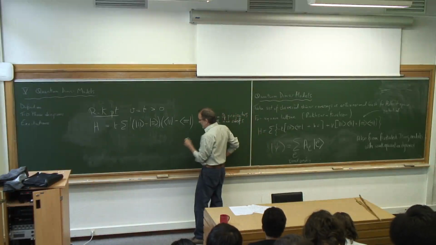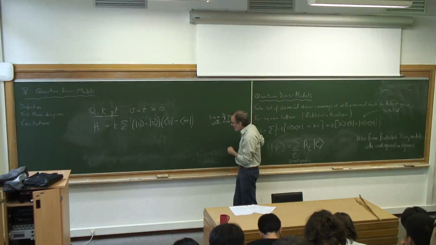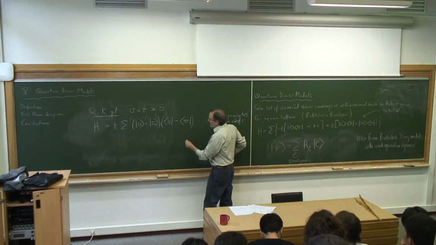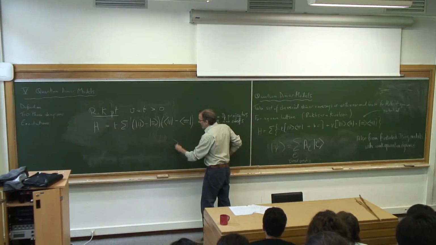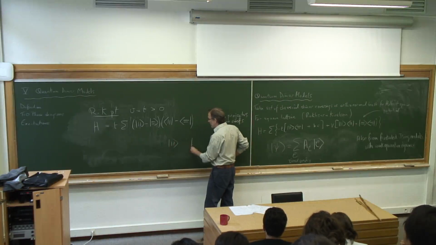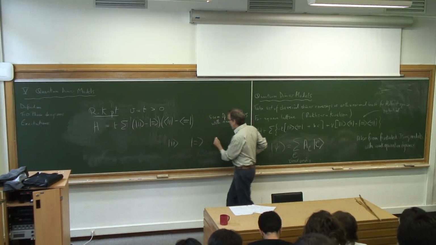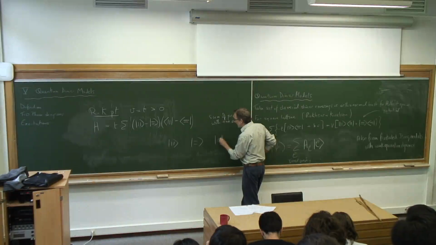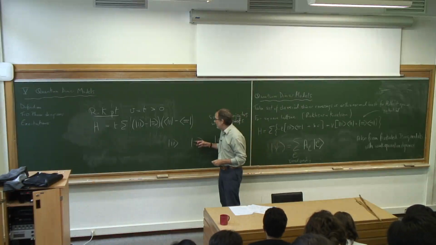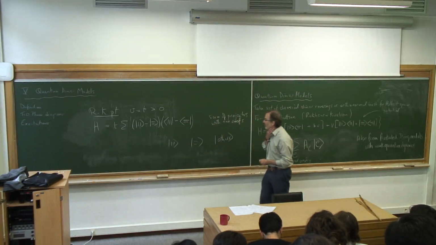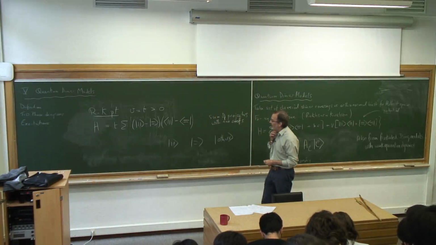So the point is that for a single plaquette, well, we have states like that, and then various other states where we don't have a pair of parallel dimers on the plaquette.